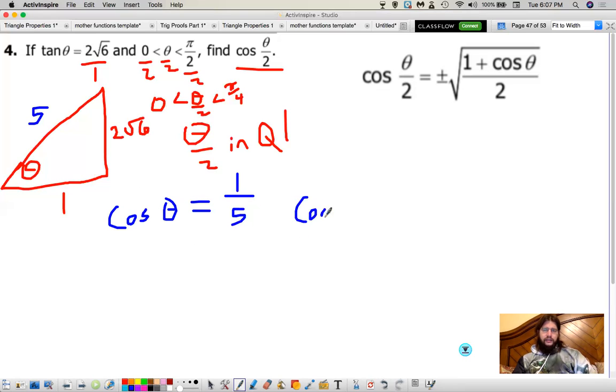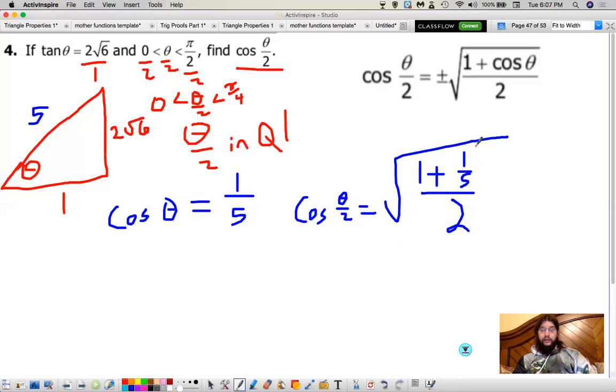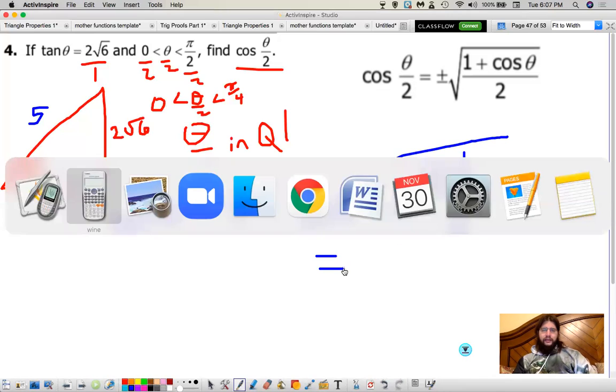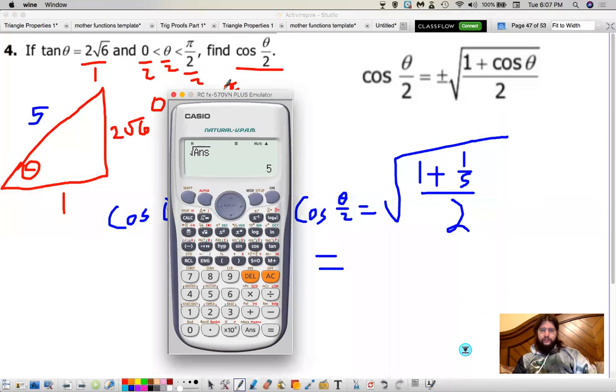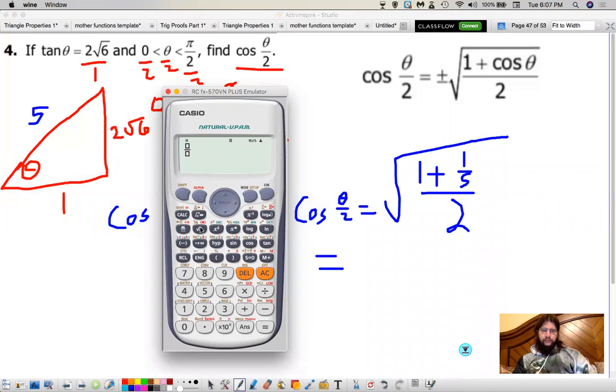So cosine of theta over 2 is going to equal positive, I'm not going to write the plus sign this time, the square root of 1 plus 1/5 over 2. Let's see what the calculator says. Square root of 3/5.